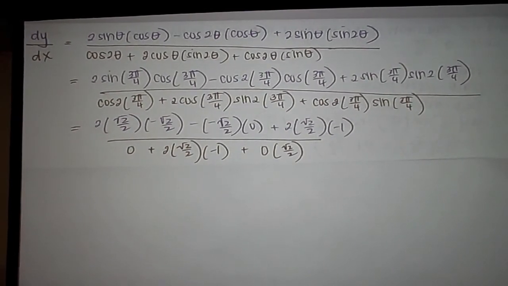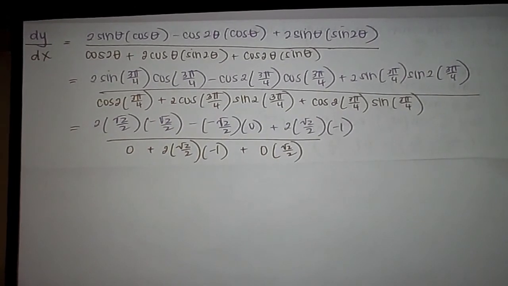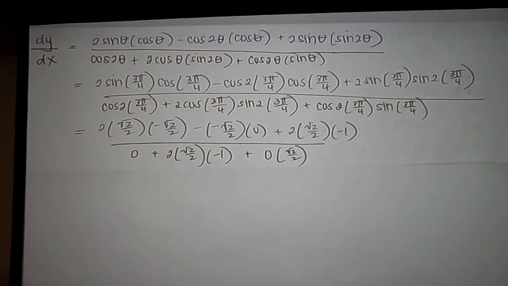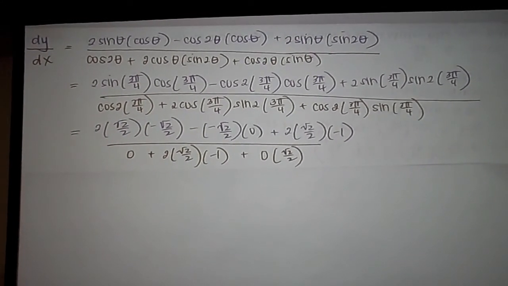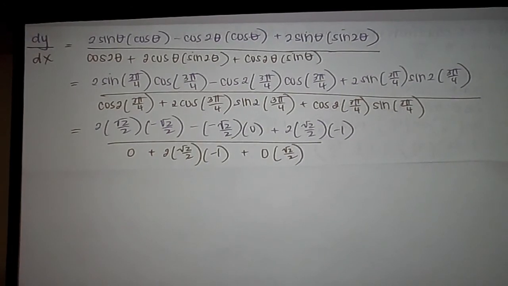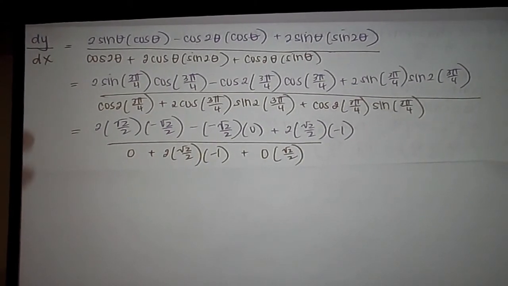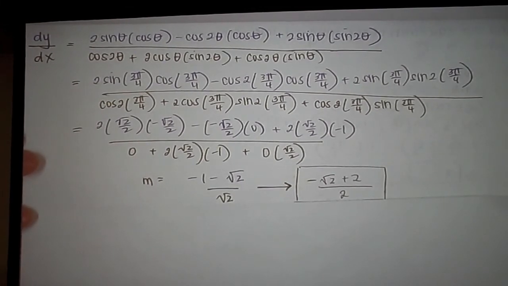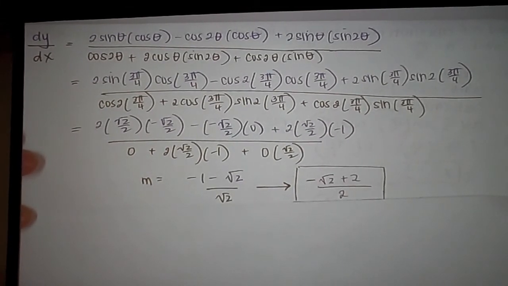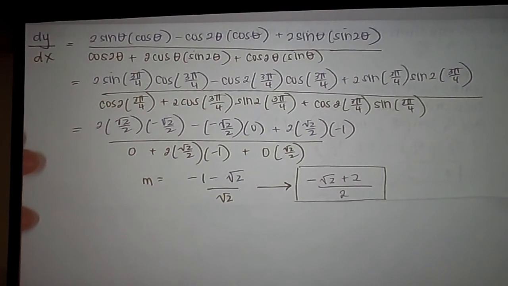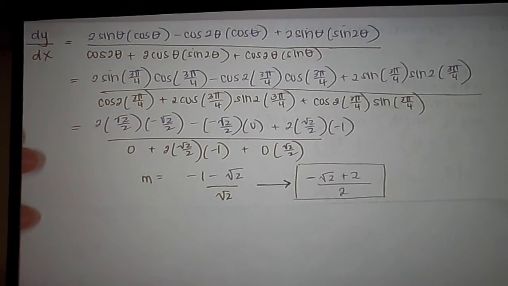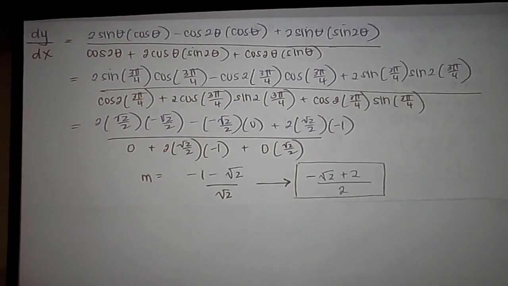And then for the bottom, the cosine of 3 pi over 2 is 0 plus 2 times radical 2 over 2 times negative 1 plus 0 times radical 2 over 2, which leads us to m equals negative 1 minus radical 2 over 2. We don't want to have a radical in the denominator, so it leads us to negative radical 2 plus 2 over 2.